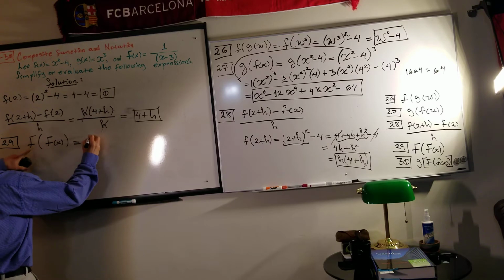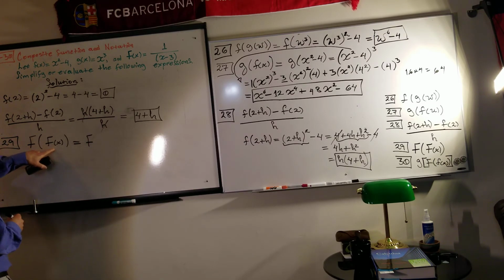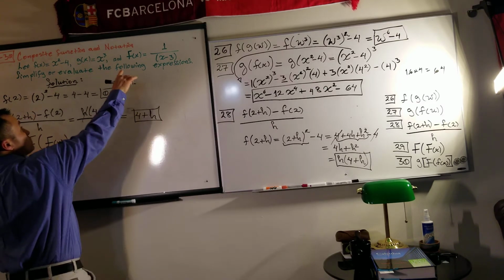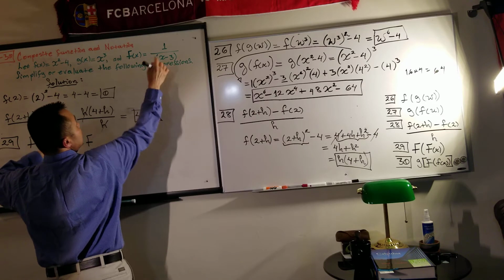So this is going to be equal to capital F of f of x. How much is f of x? F of x, on capital function of x, is equal to 1 over x minus 3.